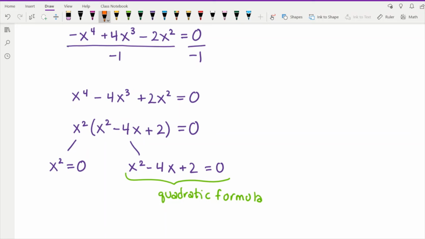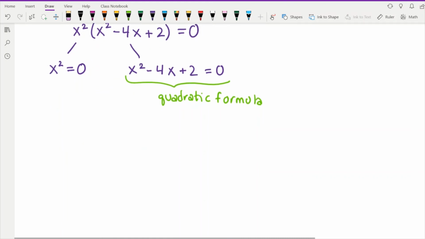Notice that the coefficients are actually the same. If you compare the green and the orange, the numbers that you would use as your A, B, and C would be the same. The problem is that if you jumped straight into the quadratic formula, you would miss these solutions. You would miss the fact that x could also be 0. So the bottom line is you only use the quadratic formula when you have a quadratic equation equal to 0.